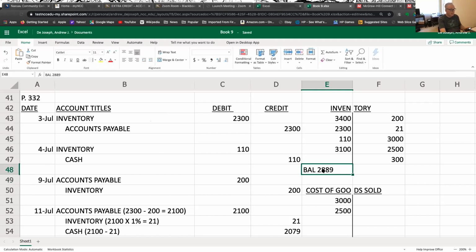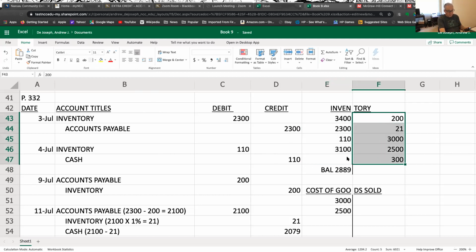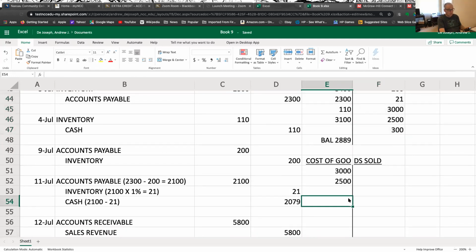Right? So if I take the debits, add them up. Take the credits, add them up. Subtract the credits from the debits, I get 2,889. Cost of goods sold, if I just add these two numbers together, that's $5,500.